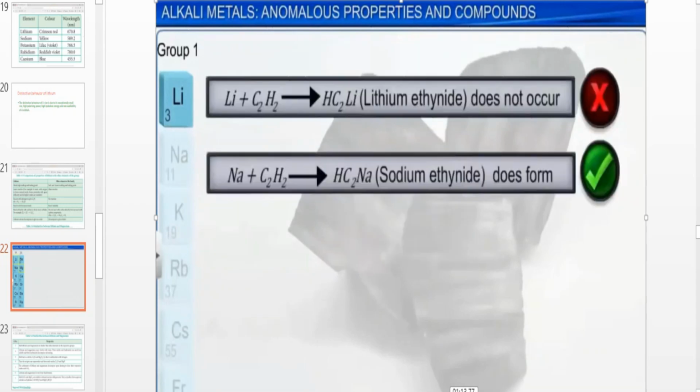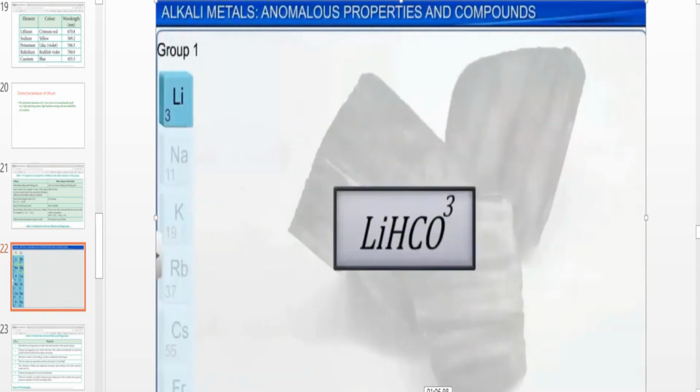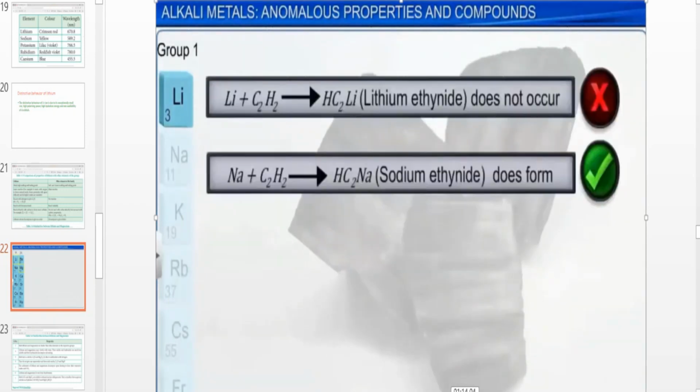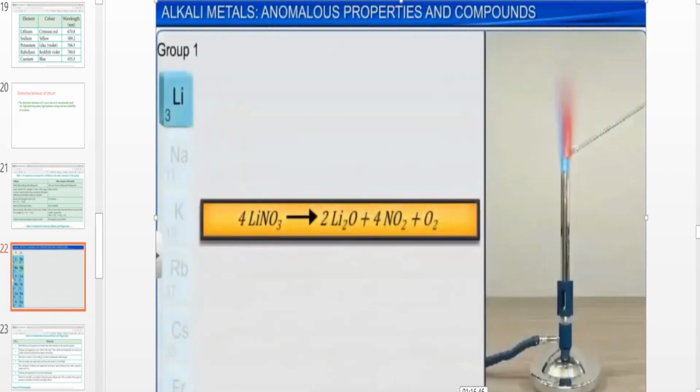Repeating once again, lithium does not react with ethylene, whereas sodium reacts with ethylene to form sodium ethanide, CH2Na.